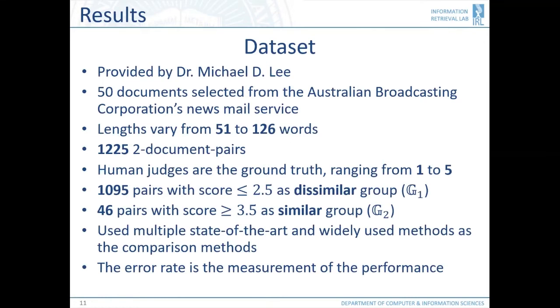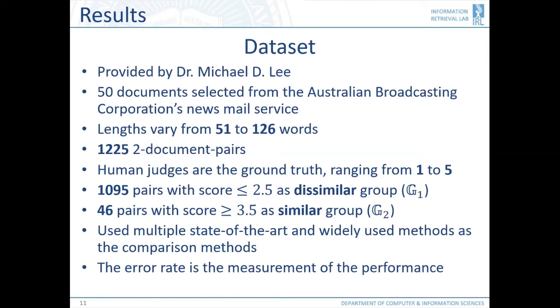Each document pair has human judgments as a gold standard or ground truth, and the judgments range from 1 to 5. 1 means the two documents are dissimilar to each other, or have minimum similarity, and 5 means both documents are very similar to each other.